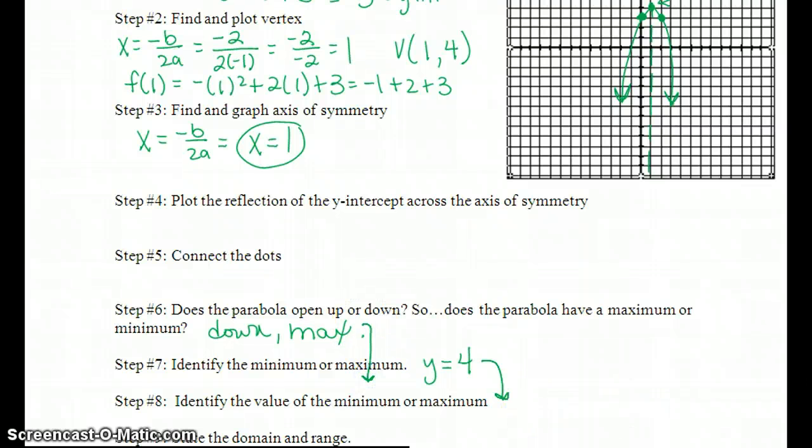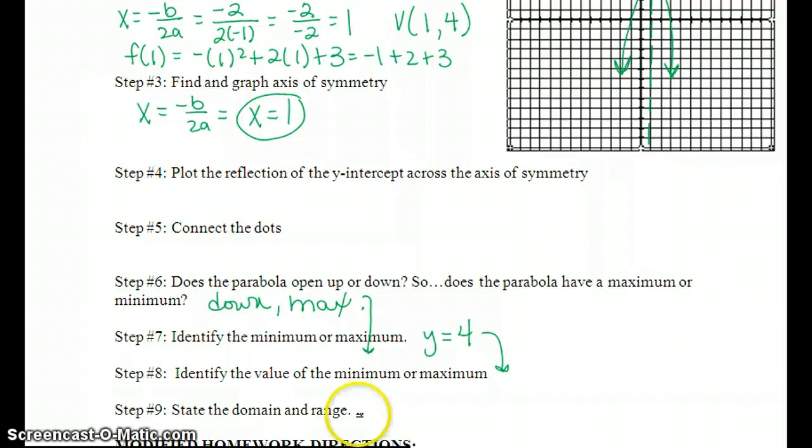The last thing I want to do is domain and range. My domain is always going to be all reals, because parabolas go as far left to infinity and as far right to infinity, and that's how they all are. But my range will be different than that.